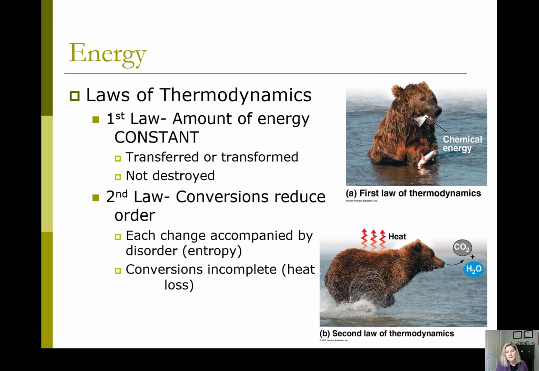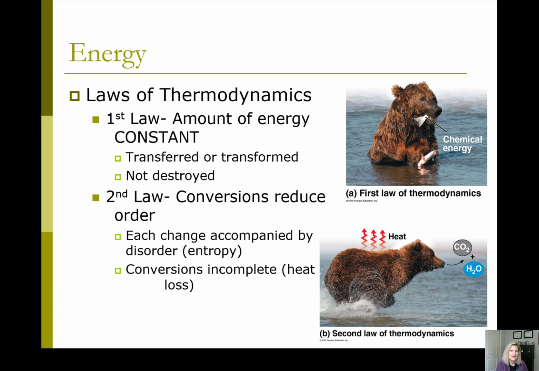So for example, you can see here this grizzly bear, he's snacking on what looks like a salmon. And so that salmon has all sorts of chemical energy that is being brought into his body, and then that energy is going to be converted into a usable form for him to do whatever bears do. But he's not creating energy.